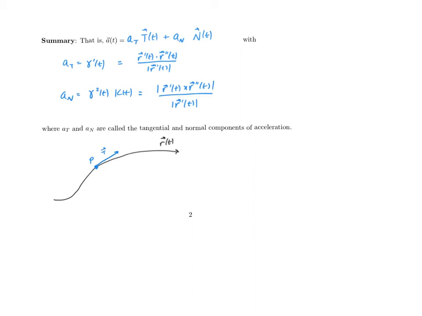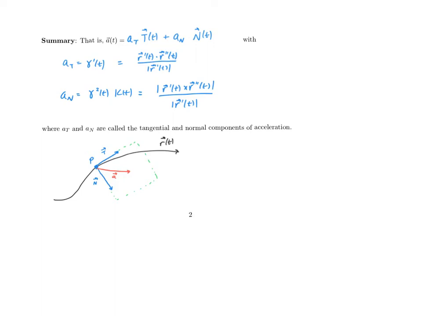We also have a unit normal vector, unit length, pointing in a sense inside the motion of the curve. And what our above work tells us is that acceleration is going to lie somewhere in that plane, which is determined by the unit tangent and the unit normal vector.